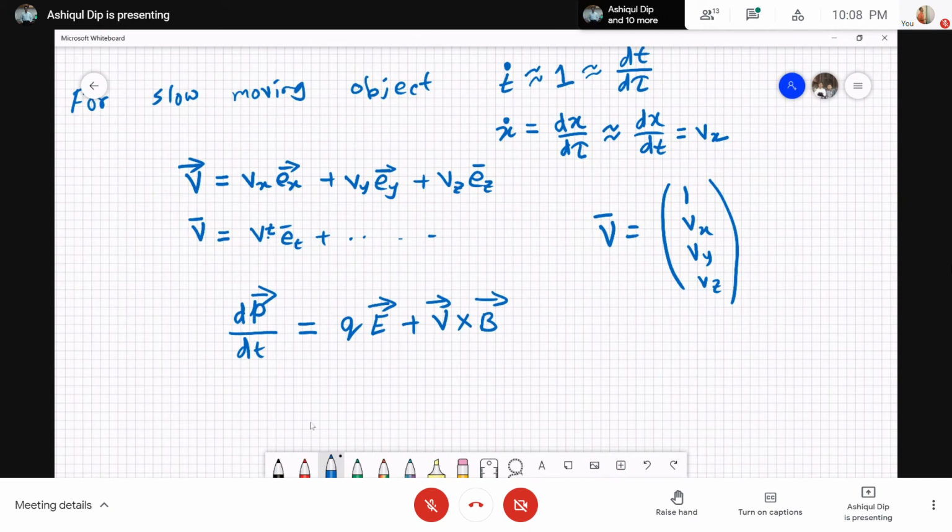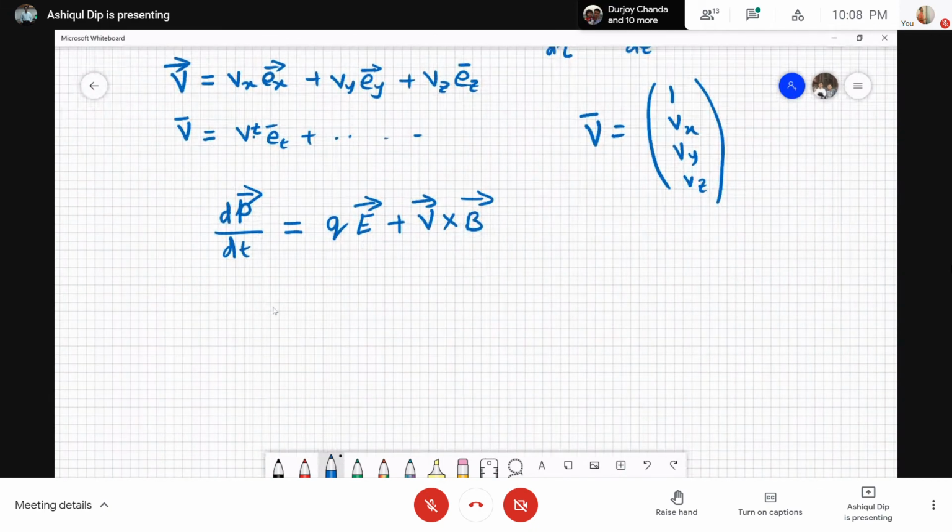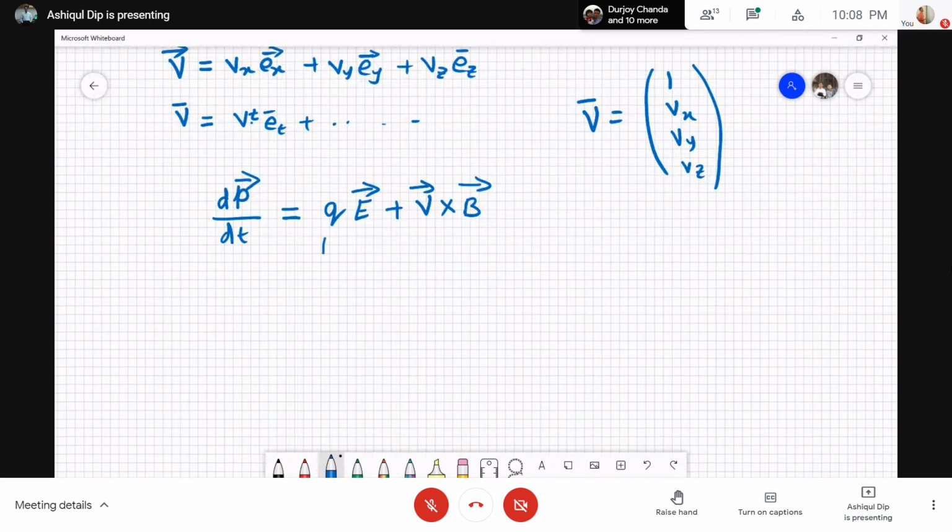So as you can see, this whole thing is proportional to the 4 velocity, right? Can you see it? It's linear in the components of Vx. There are no Vx square or Vy square.